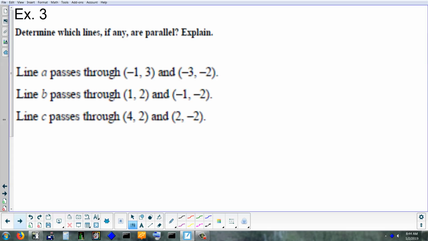So now we're going to give you the coordinates of 3 lines. I'll give you guys a little bit of time, because on your notes, the parentheses are blank, so you just have to fill in these numbers.